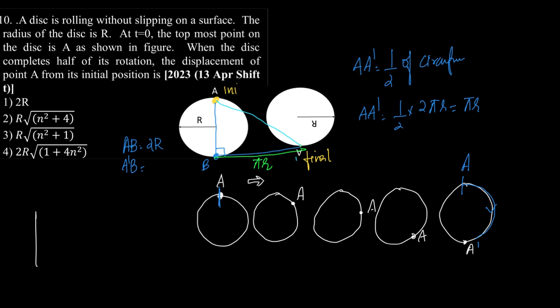So if we summarize the diagram, what we need to find out is A A dash. AB is 2R, B A dash is pi r.